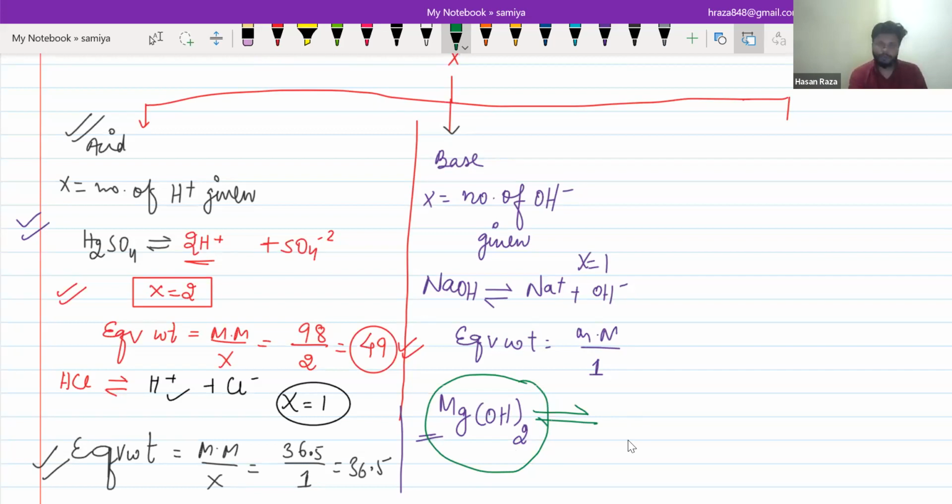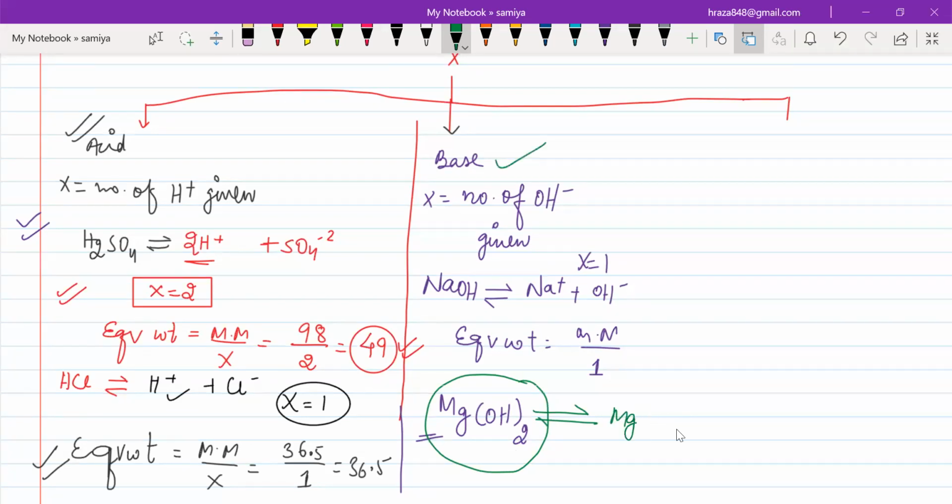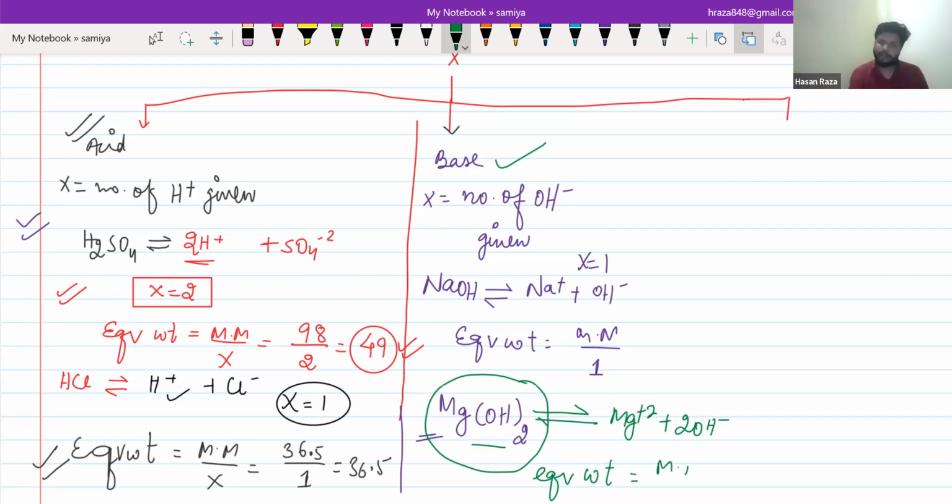So Mg(OH)2 will give 2 OH minus. So the equivalent weight will be the molar mass of Mg(OH)2 divided by 2. Is that clear to everyone? Yes, sir. So this is very easy.